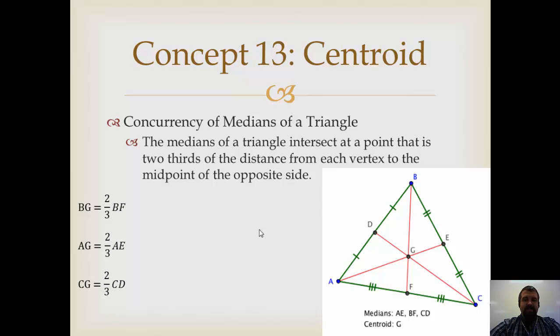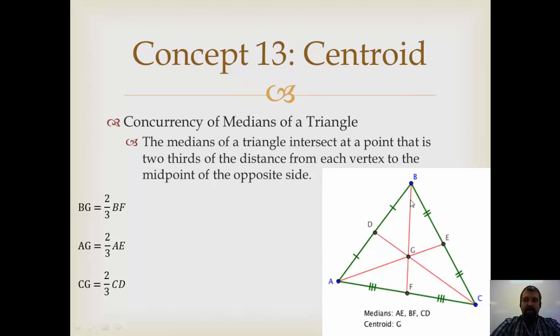What that is saying is, when I draw a median from B to F, a median from A to E, and a median from C to D, they all intersect here at G, called the centroid. And this length from B to G is 2/3 of the total length, B to F, always.